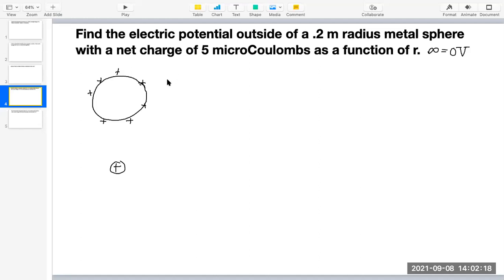So if we can treat it like a point, it's just going to be kQ over r. So if we're outside of the metal sphere somewhere, our distance from the center is what matters.